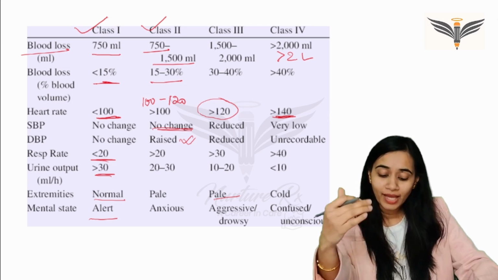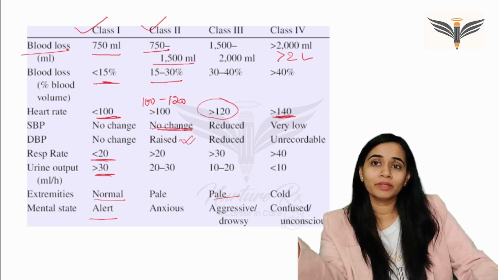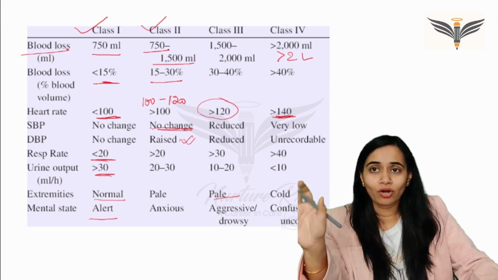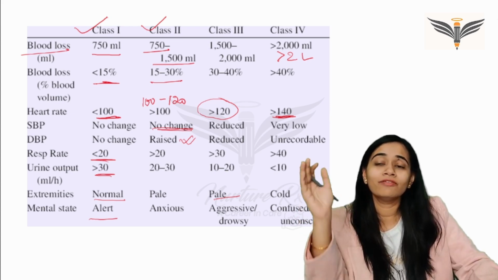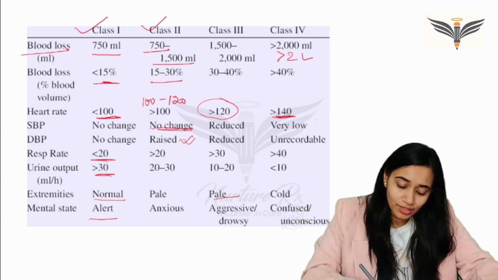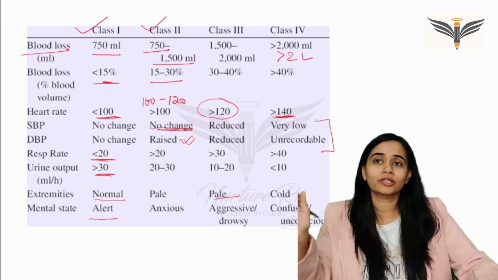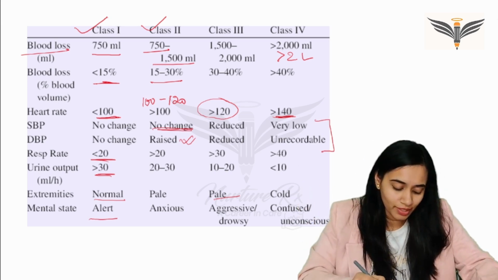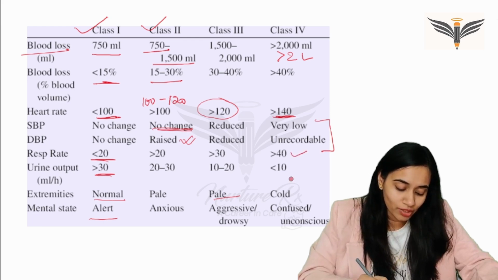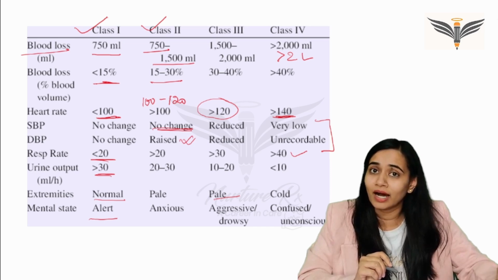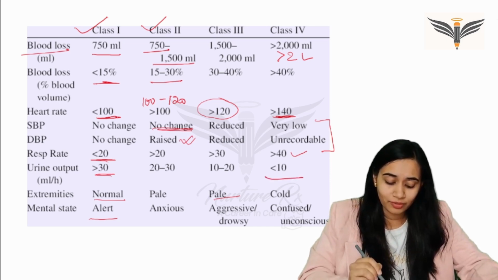The same will happen on the BP screen also. The diastolic BP will most likely be not recordable, and the systolic BP will be very low. So this will clearly distinguish the patient into grade 4 shock. The respiratory rate will be more than 40, and the urine output would be less than 10 ml per hour. This you have to remember.